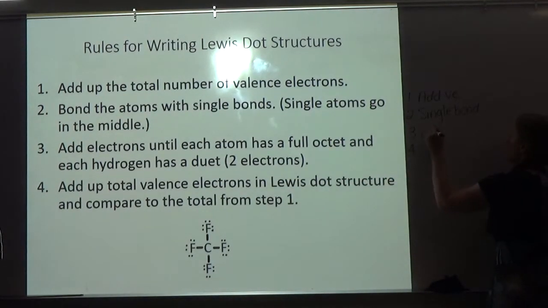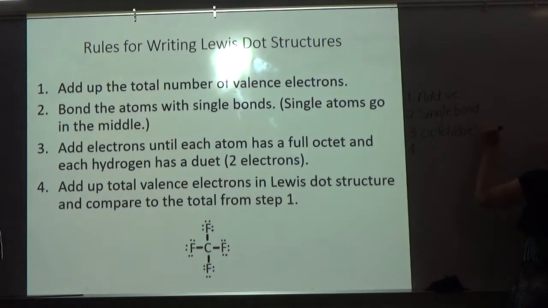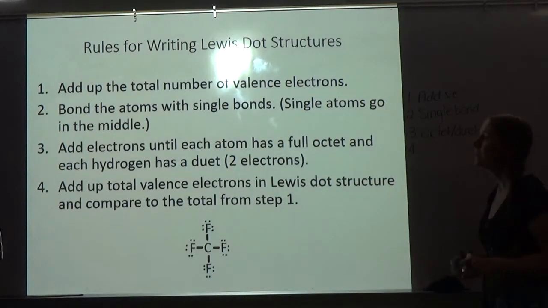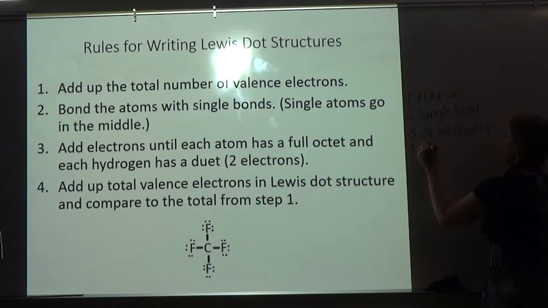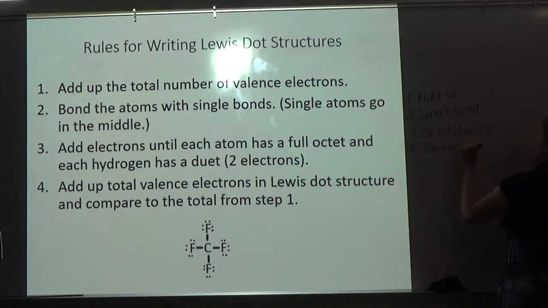So I'm just going to put octet / duet, and after duet, I'm going to put hydrogen because that's the main one that follows the duet rule. And then step 4, add up the total valence electrons in the Lewis dot structure and compare it to the total from step 1. So we'll say total valence electrons, and then I'm going to draw an arrow to step 1. Whatever we started with, we have to add up to at the end.